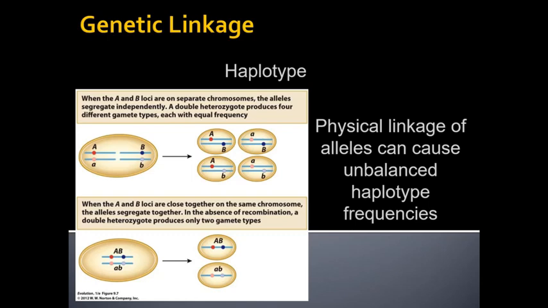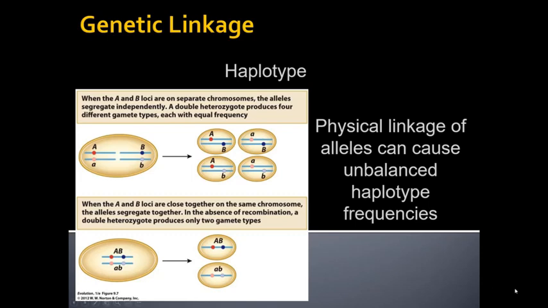So if I had a silent mutation that made no difference physically, so I mutated someone so they were still O blood type, but they had a C at a third position in that gene instead of an A, it was still the same amino acid, that would be a different haplotype. We can measure it if we sequence the DNA, but we wouldn't see any physical manifestation of it. So just be aware, and we'll use the term haplotype sometimes. It's a little bit of a broader term, but in many cases is very similar to the word allele.